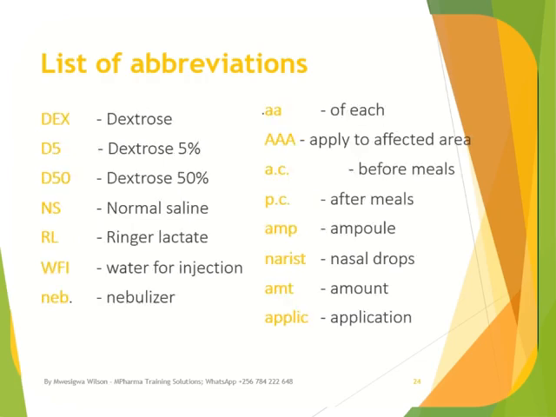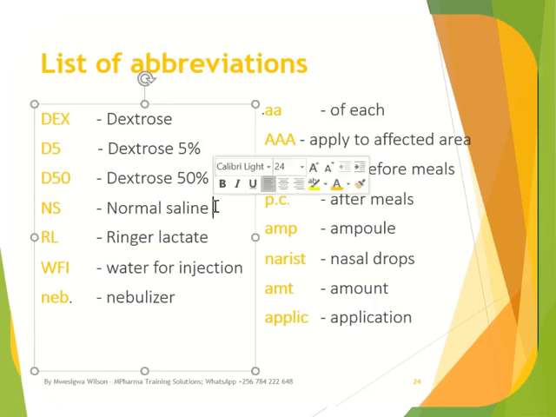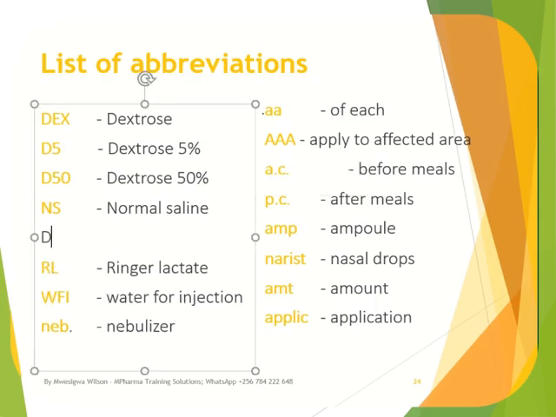This is dextrose: dextrose 5%, D5; D50, dextrose 50%; normal saline. Sometimes we have dextrose 5% in normal saline or dextrose 50% in normal saline, like D50NS or D5NS, all these ones could be there.